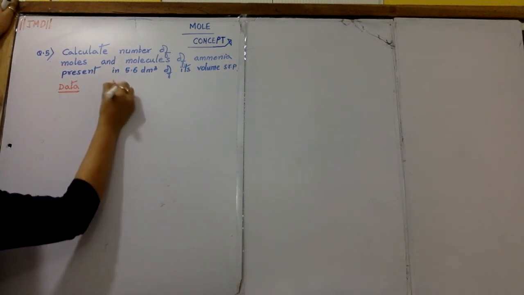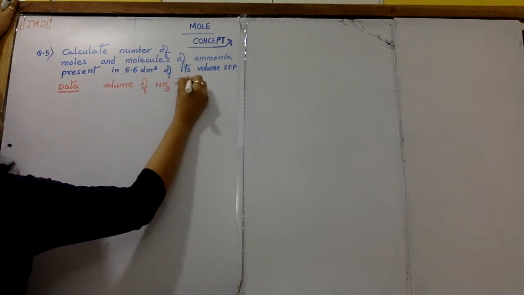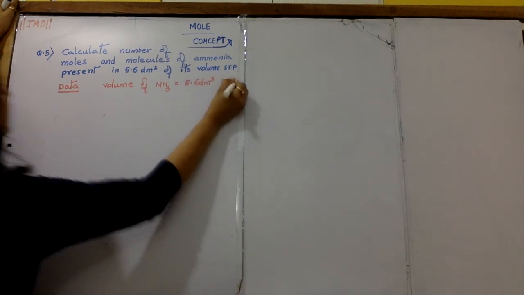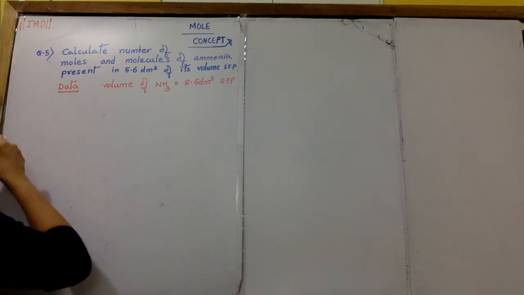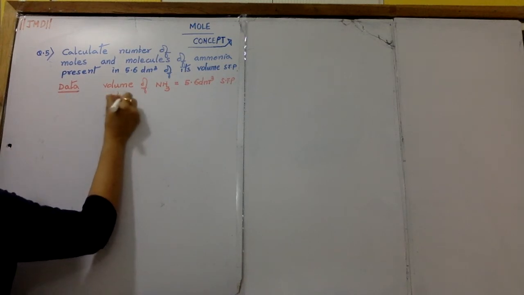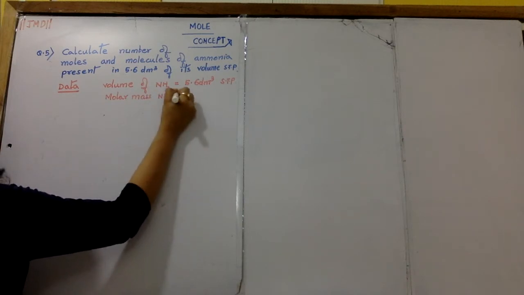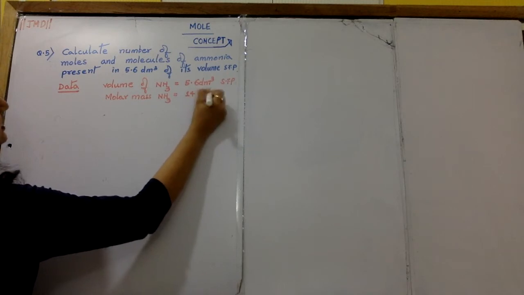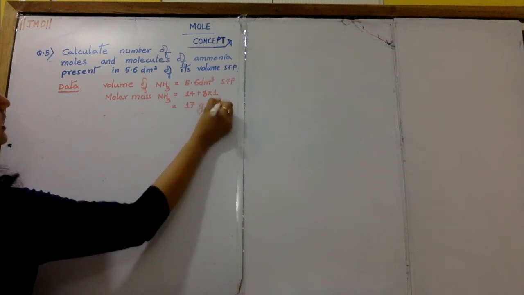The data is volume of ammonia, that is equal to 5.6 dm cube at STP. Now what do we have to find? We may need the molar mass of ammonia. Nitrogen 14, hydrogen 3 into 1, so that becomes 17 gram per mole.